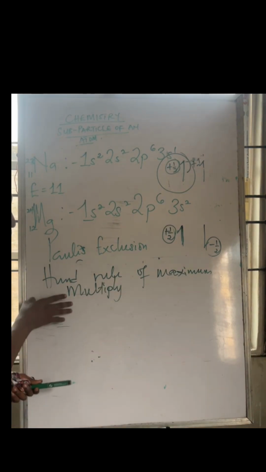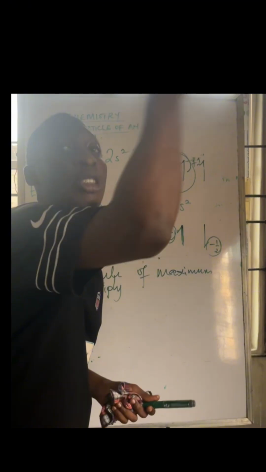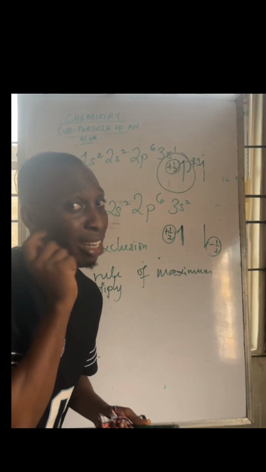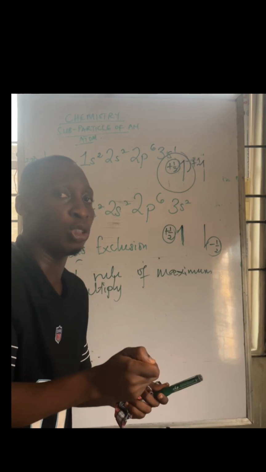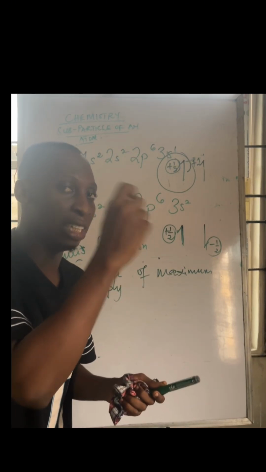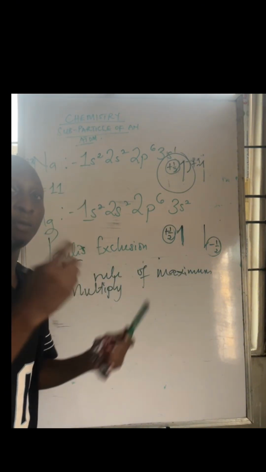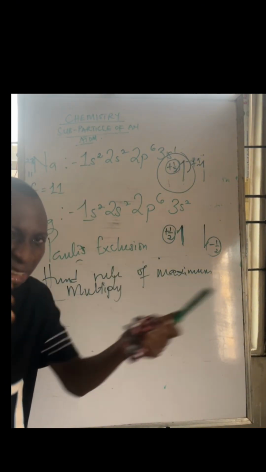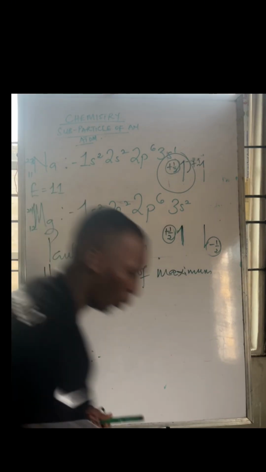Hund's rule of maximum multiplicity states that in a degenerate orbital, I have explained degenerate orbital before, electrons occupy each orbital singly before pairing takes place. This is what they are trying to say. I'm going to use sodium again as an example. Let's go.